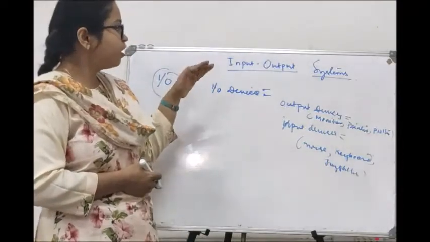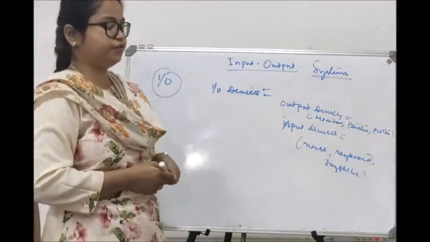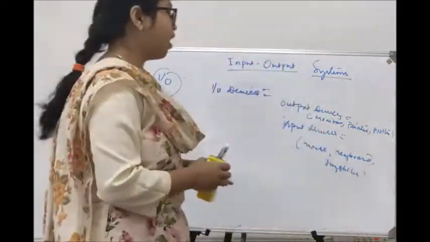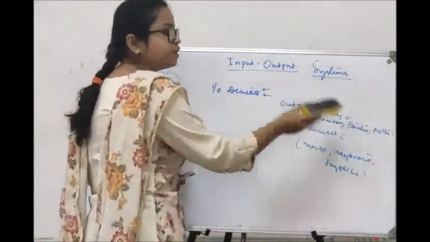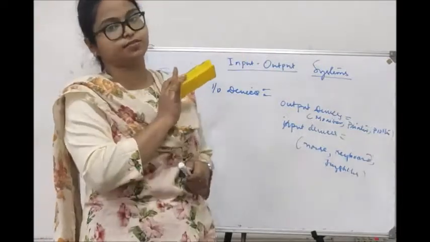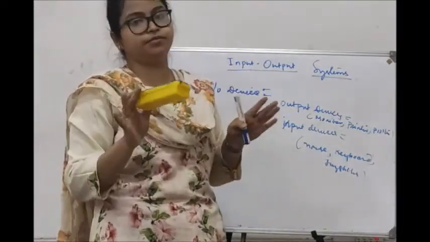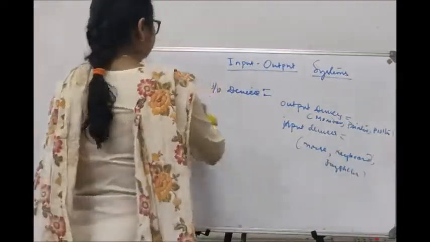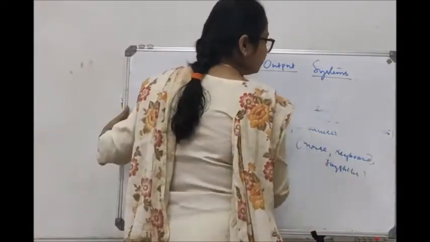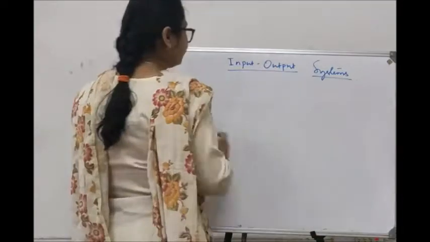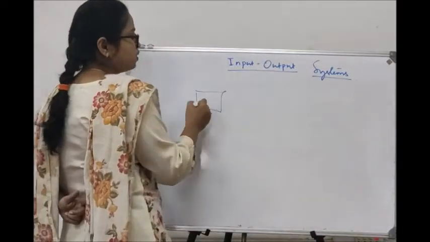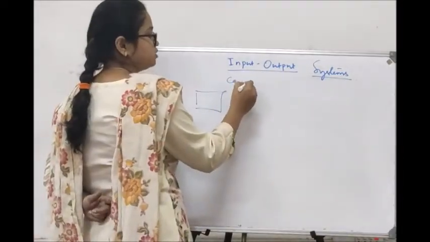Now, what is an IO interface is the question. How do these peripheral devices connect with the system? System means CPU and memory. First of all, let's recall what a computer system is, so that everything is fresh in front of you.